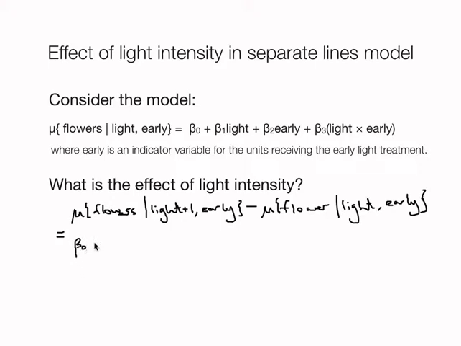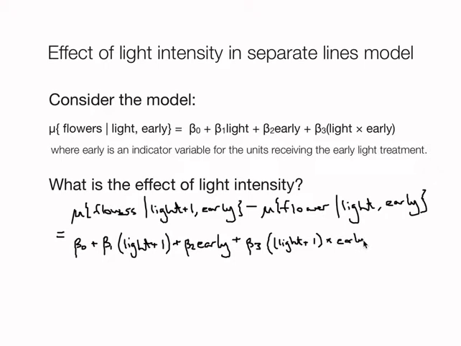So I'm going to have beta 0 plus beta 1 times light plus 1, plus beta 2 times early, holding early constant so it's the same in both of my means, plus beta 3, and here, instead of light times early, I'm going to have light plus 1 times early. Okay, so that was my first mean.